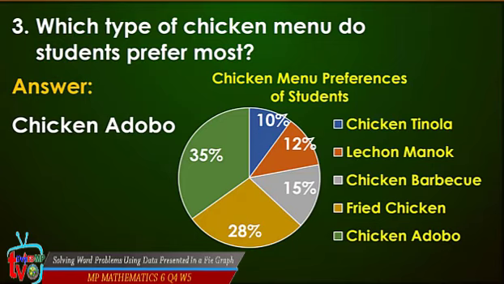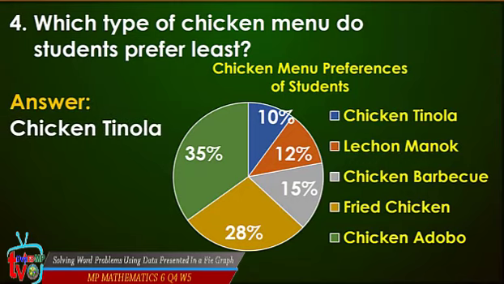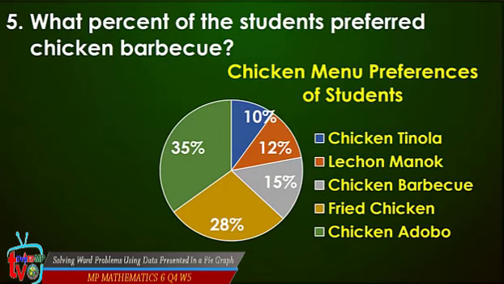Answer: chicken adobo. Number 4. Which type of chicken menu do students prefer least? Answer: chicken tinola. Number 5. What percent of the students preferred chicken barbecue? Answer: 15%.